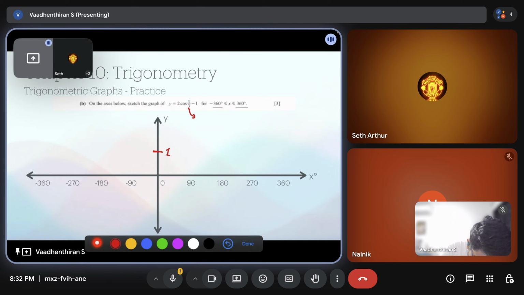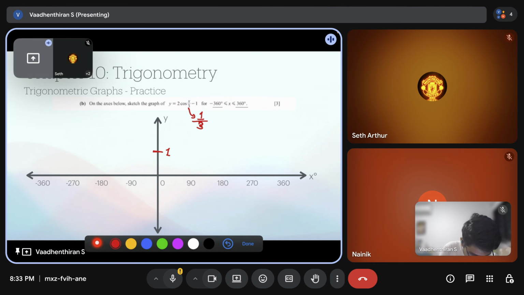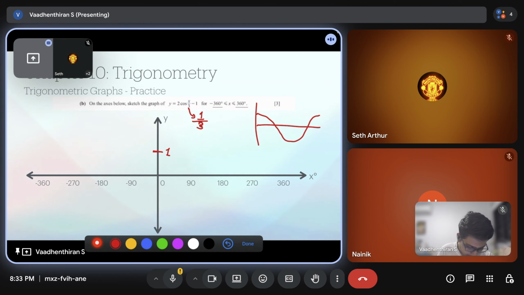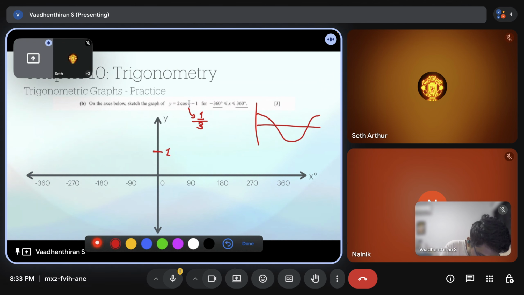You need to draw one third of the graph. Here you can see the period is at one third. Usually this graph will be from this to 360, right? For any cos graph, you will draw it like this. This is the basic graph. You need to just take one third of the portion.